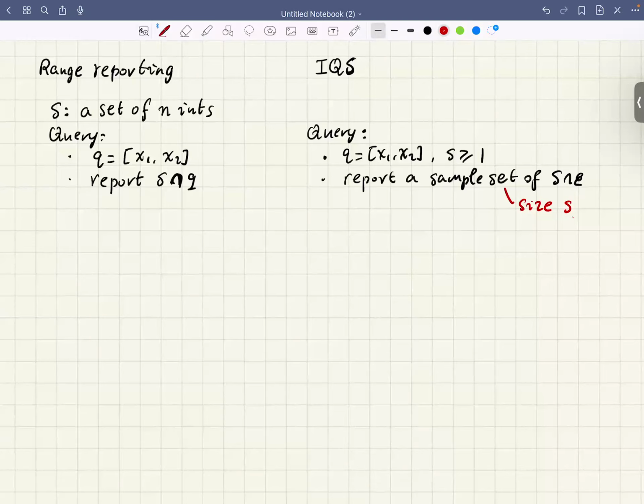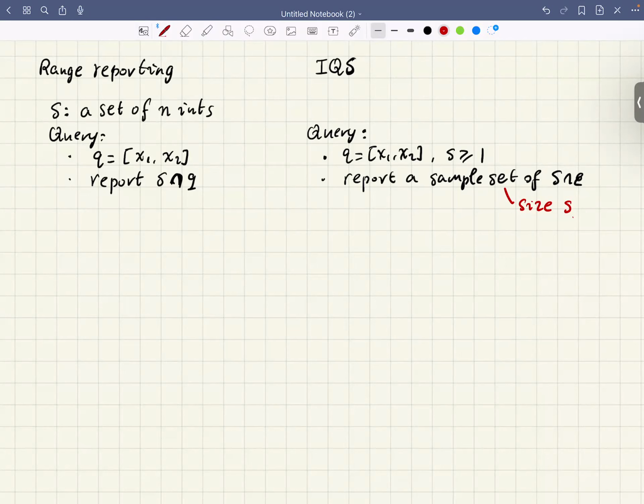S, of course, is way smaller than the size of the entire result. So you say, okay, I want just 10, for example. But these 10 will have to be genuinely randomly sampled from the entire result. So that's the deal here. This is the IQS version of the traditional reporting problem.